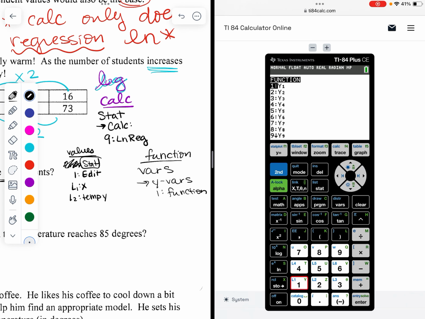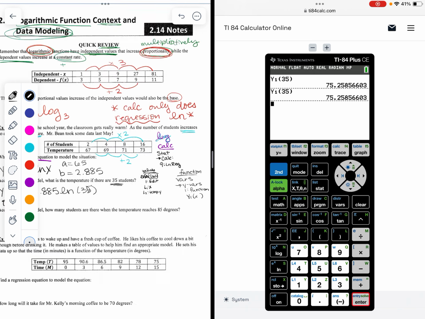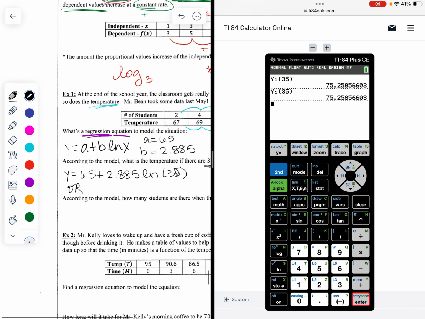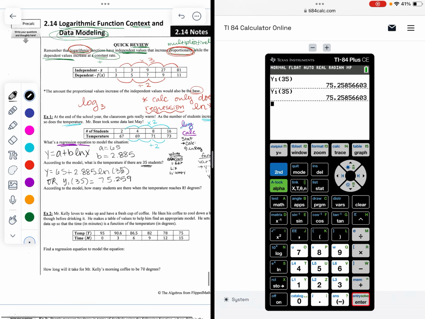That gives you that function notation, and then plug in your x value. Hit enter, and it gives you that value. Okay, so y1 of 35 equals 75.259. And again, this would be the temperature if there's 35 students, so this is our temperature in degrees. There's a few different ways you can find that.